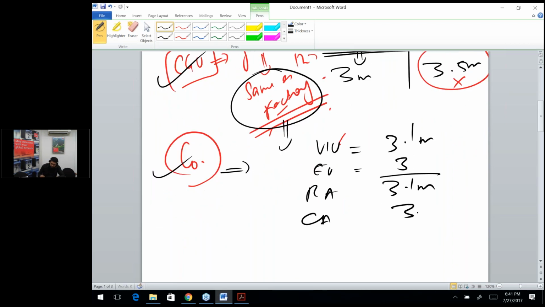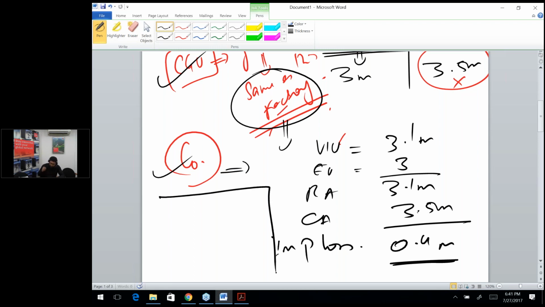The carrying amount, after we have written it down, is 3.5 million. So that means there is an additional impairment loss of 0.4 million. This is what you need to explain to the management, that they need to recognize the additional impairment loss of 0.4 million: P&L debited by 0.4 million, and the asset credited by 0.4 million. That's what you need to do as a management.